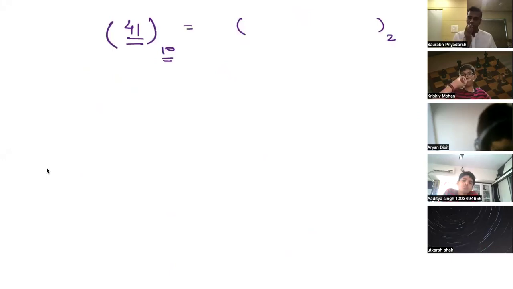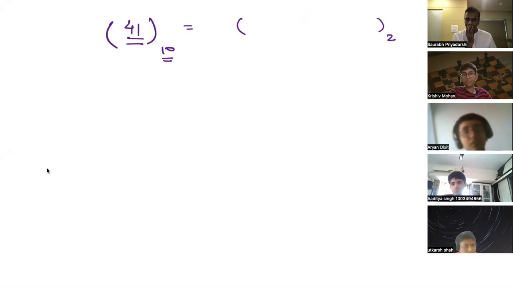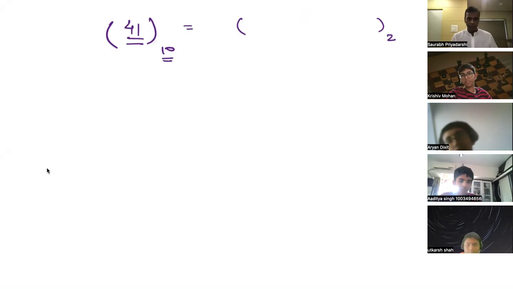For base 0 we don't have any option, because we know 0 to the power 0 is, what is the value of 0 to the power 0? Write down in chat, be fast. Sir, what was the question? 0 to the power 0. Very good, not defined.